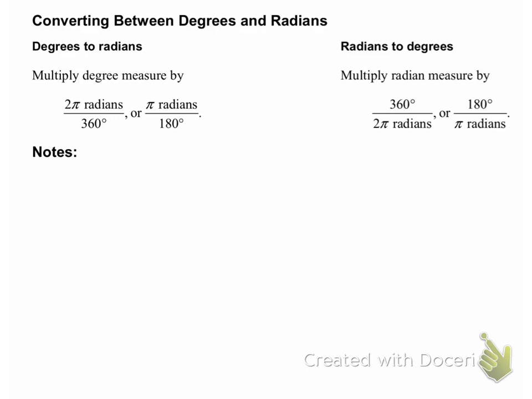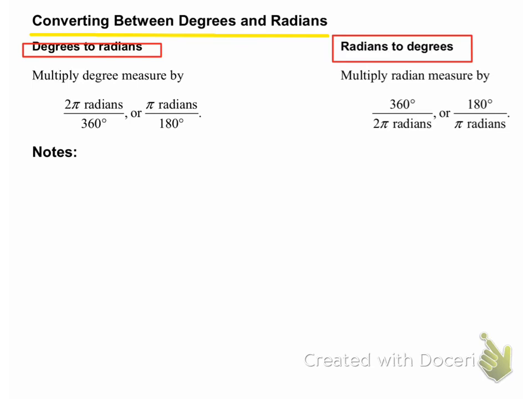It's the last one, converting between degrees and radians. Sometimes you need to convert degrees to radians and radians to degrees. So here your first one is degrees to radians and then radians to degrees.